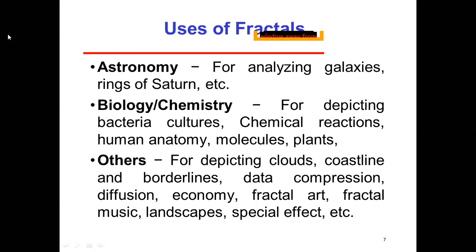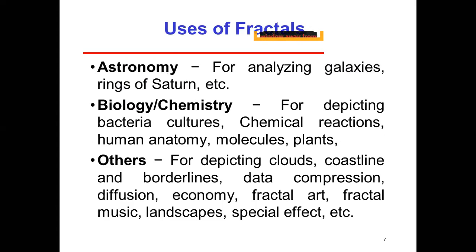So what are the different uses of fractals? We use them in astronomy, because there are some figures, you can see, where we implement the different galaxies or the rings of Saturn. Whenever we design such figures or diagrams, we use the repetition or overlapping of some points or pixels.